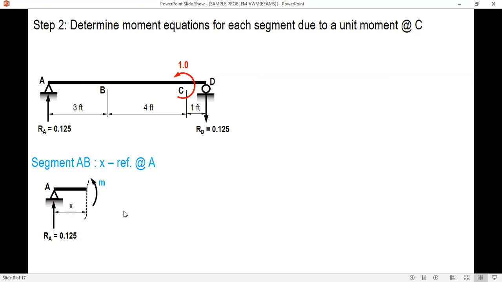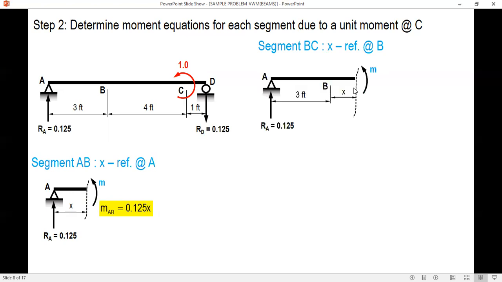Therefore, the expression for this is 0.125x. For B, since we have no load here, only the reaction. So, the moment is the same, 0.125, but the distance is 3 plus x.